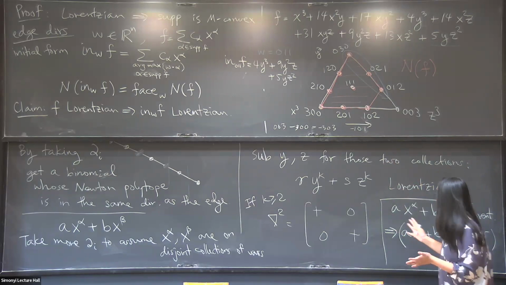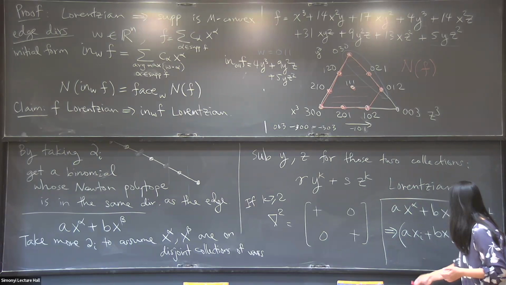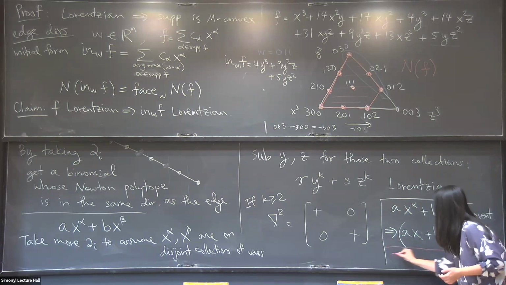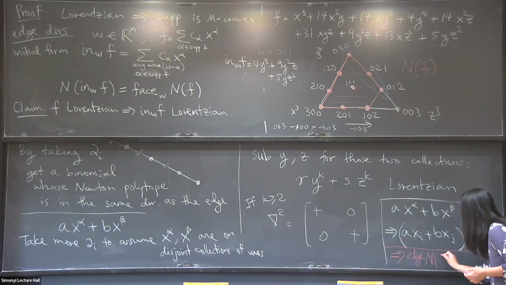So this implies that the edges of the Newton polytope of any Lorentzian polynomial are parallel to ei minus ej's. Okay, so this is the edge part.